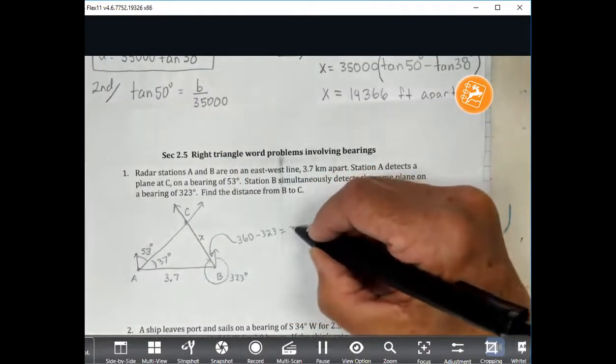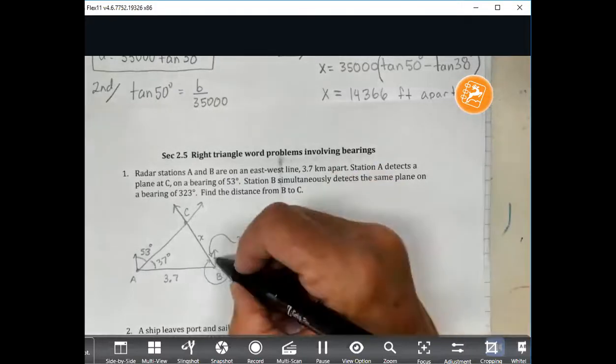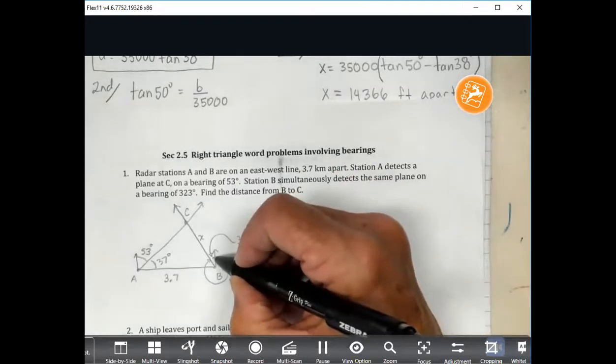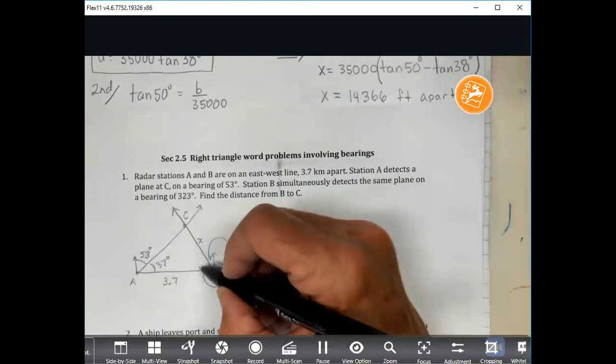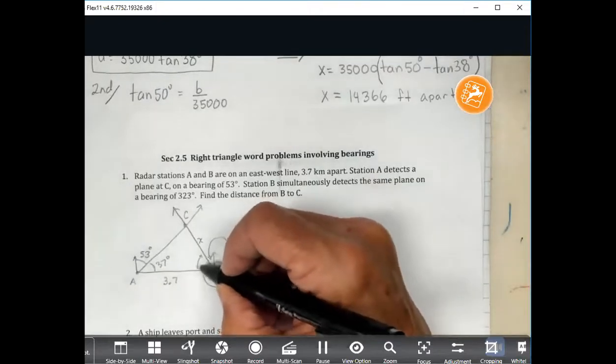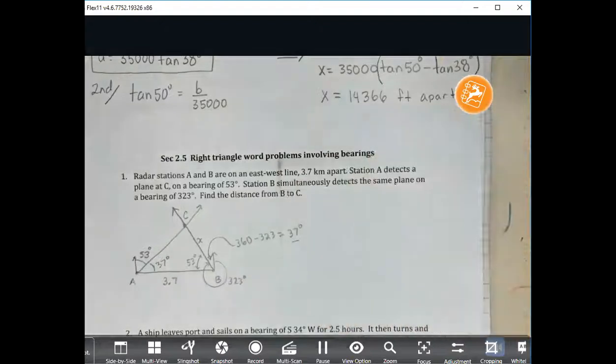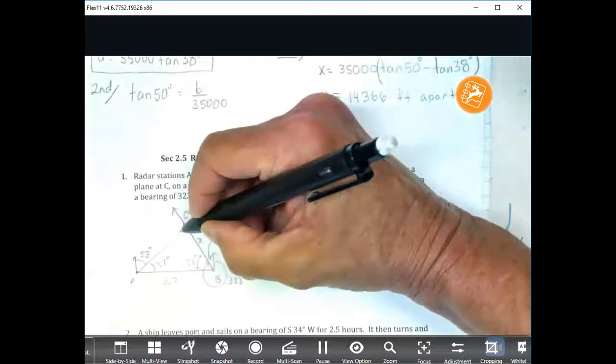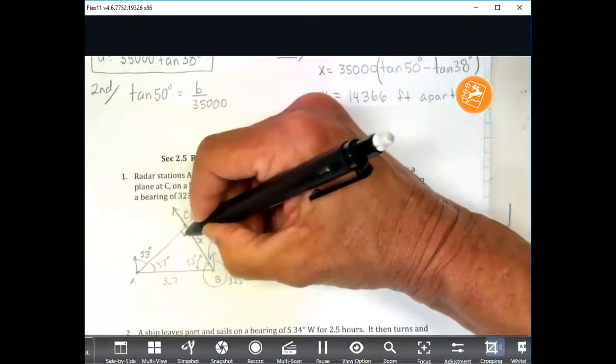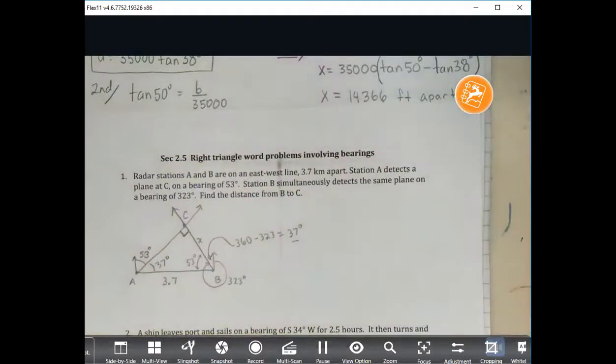What'd you say, 37? So if this little tiny angle is 37, what's this angle right here? We could have used our parallel lines again. Notice that those two angles add up to 90 degrees, so there's 90 degrees left in our right triangle. So there's our right angle. The sum of the angles has to be 180, so that has to be 90.